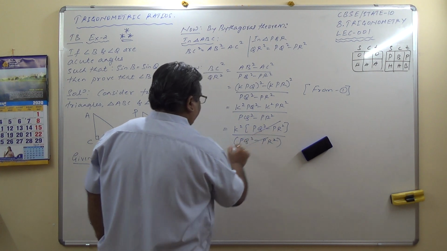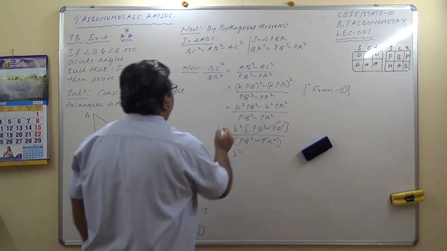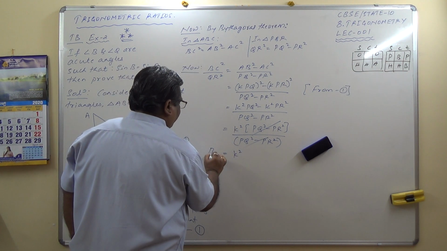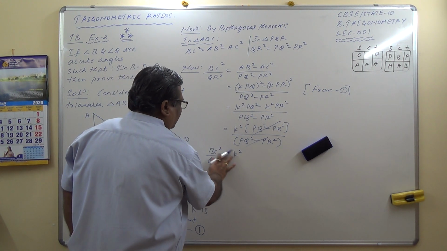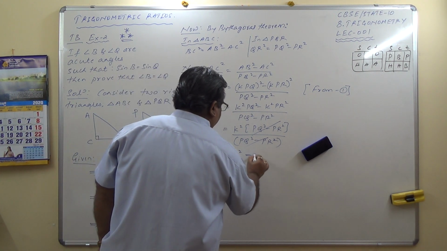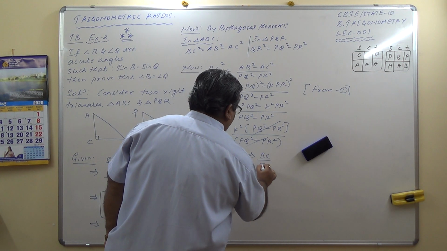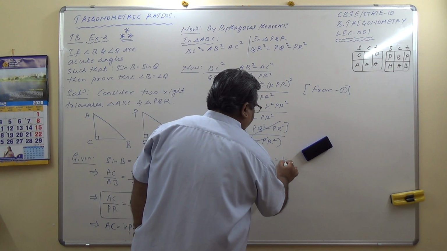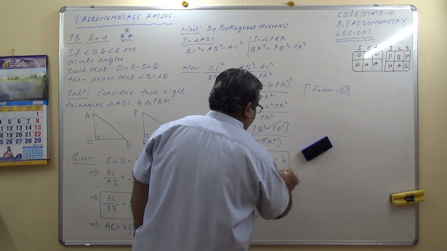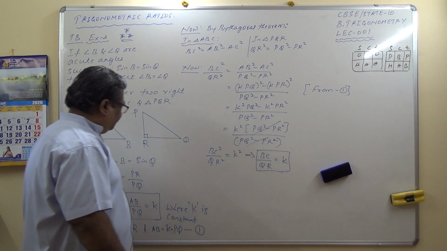So this and this will cancel, which equals K square. This is nothing but BC square by QR square equals K square, which implies BC by QR equals the square root of K square, which is K. So this is how we proved it.